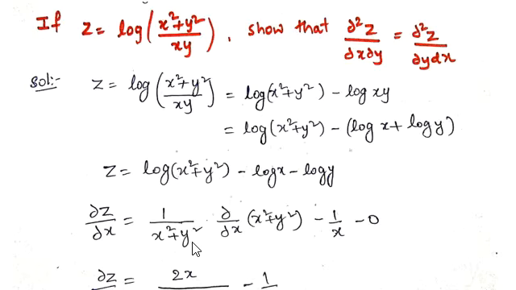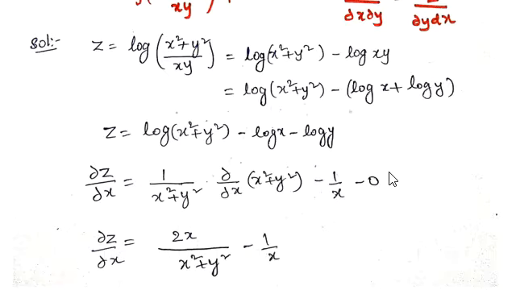So in place of x we have x square plus y square, so we're differentiating this again: ∂/∂x of (x square plus y square). And here it is log x, whose differentiation is 1 by x. Because it is partial differentiation with respect to x, the whole log y term is constant, whose differentiation is 0.